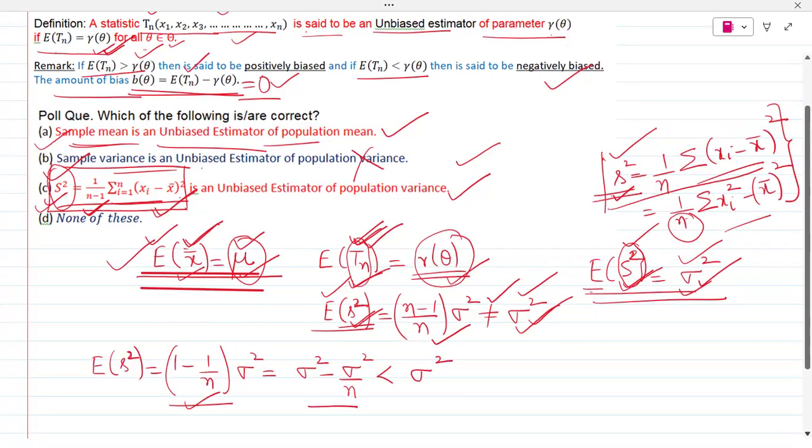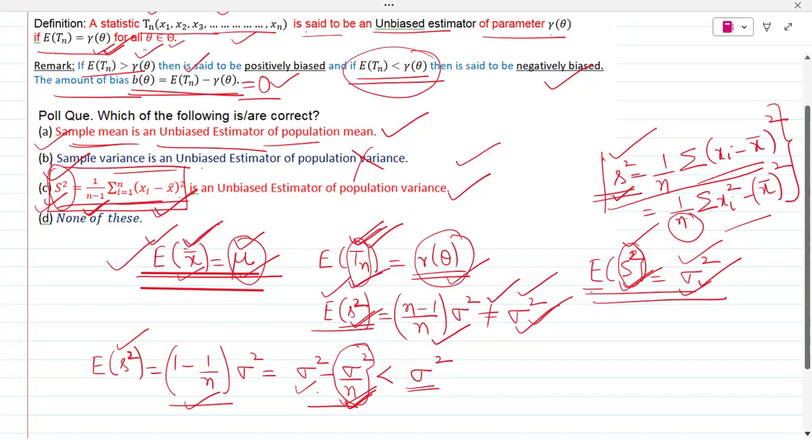Because sigma square is a population variance, it can never be negative, and even the sample size n can never be negative. So this quantity is never negative, and sigma square minus something non-negative will obviously be less than sigma square. So sample variance is a biased estimator because it satisfies this.